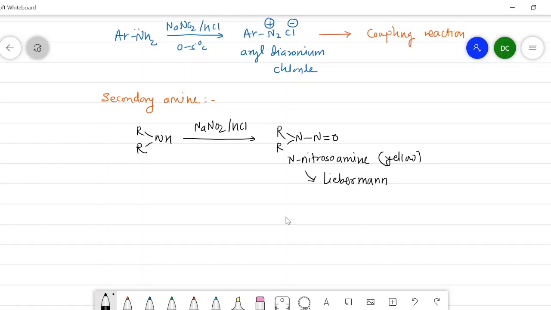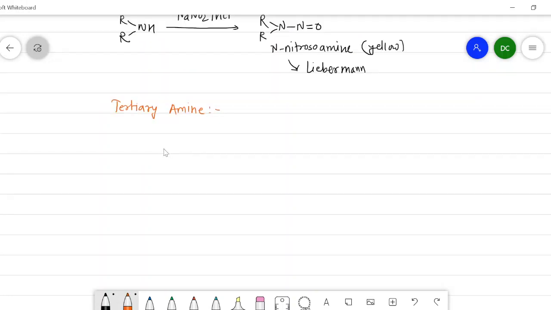Now let's see the tertiary amine. Aliphatic as well as aromatic tertiary amines react with nitrous acid to form either an ammonium salt or a nitrosonium chloride salt. Suppose a tertiary amine has a structure like this. When it is treated with NaNO2 and HCl, we get a product like this: nitrogen possesses a positive charge when it is attached to hydrogen.